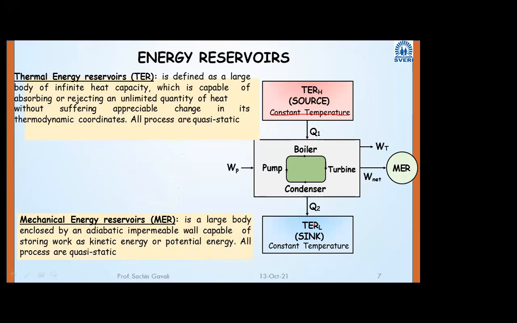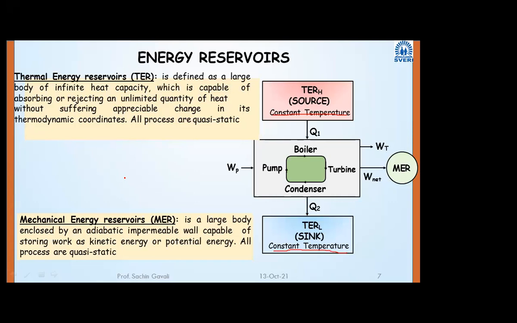Or if here is another reservoir, and an abundant amount of Q2 is supplied, then also its temperature remains constant. So though an abundant amount of heat can be supplied to it, or rejected from it, its temperature remains constant.